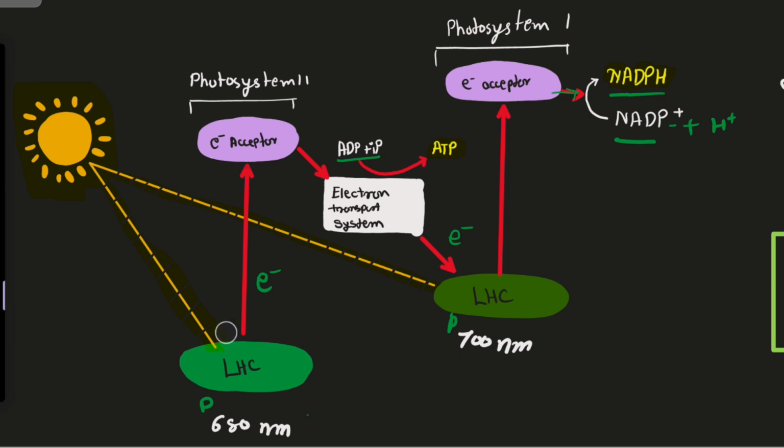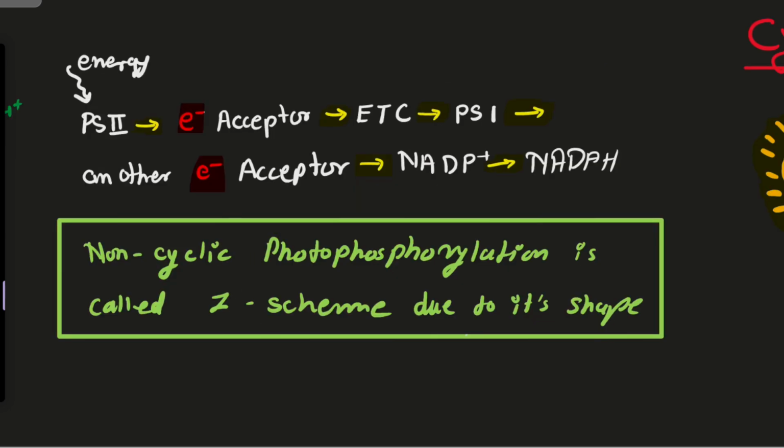Why? Because the electron released from PS2 is not coming back to PS2. So energy from PS2, first primary acceptor, then ETC, electron transport chain or system, then goes to PS1, then another electron acceptor, then NADP plus, which grabs one H plus and forms NADPH.